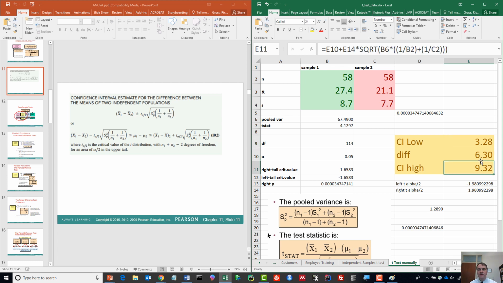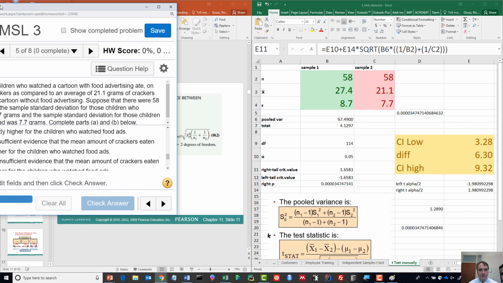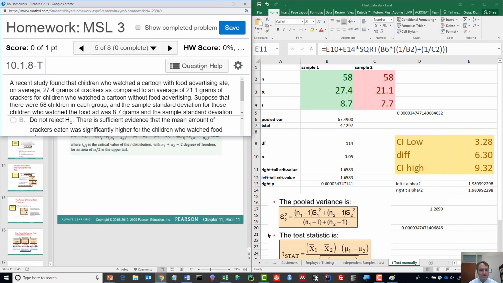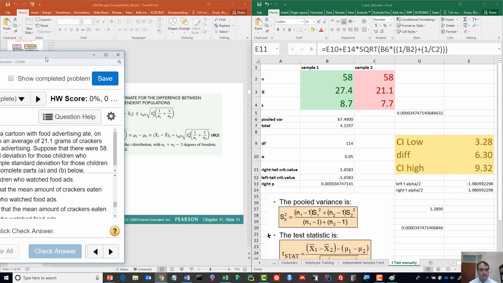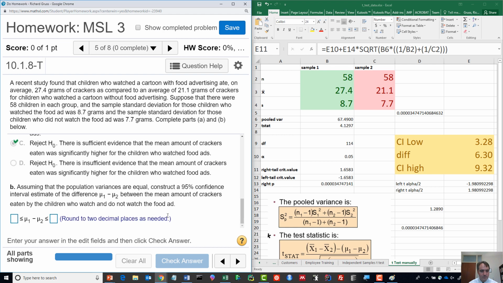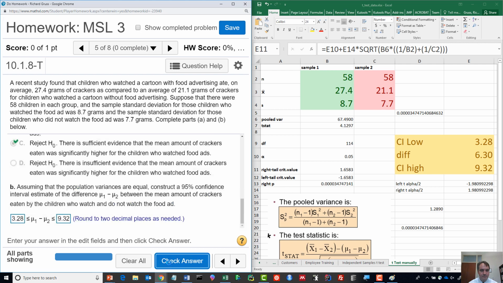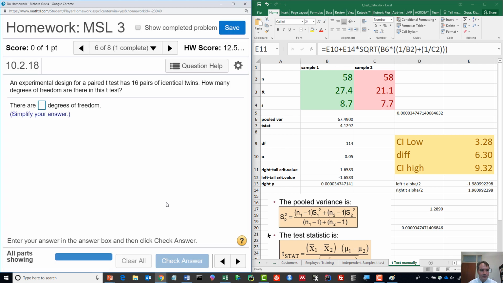It could be anywhere from here to here. So let's put those in and see if those are right. Okay, so 2 decimal places, 3.28 and 9.32. Okay. All right, so that's number 5 there.